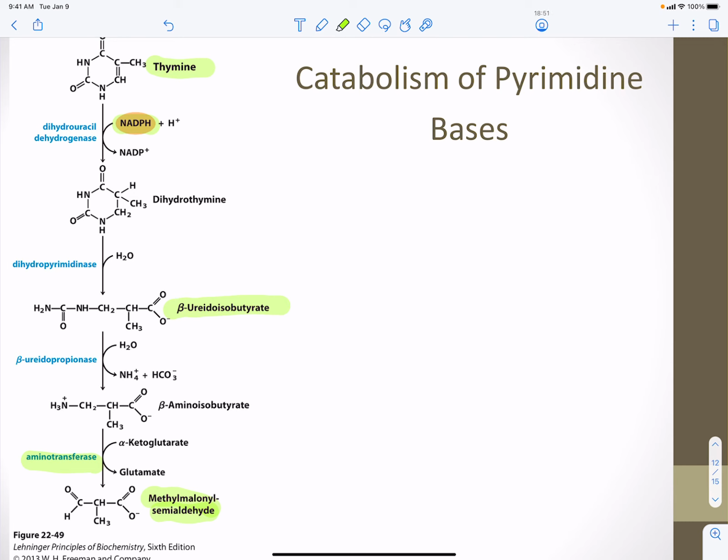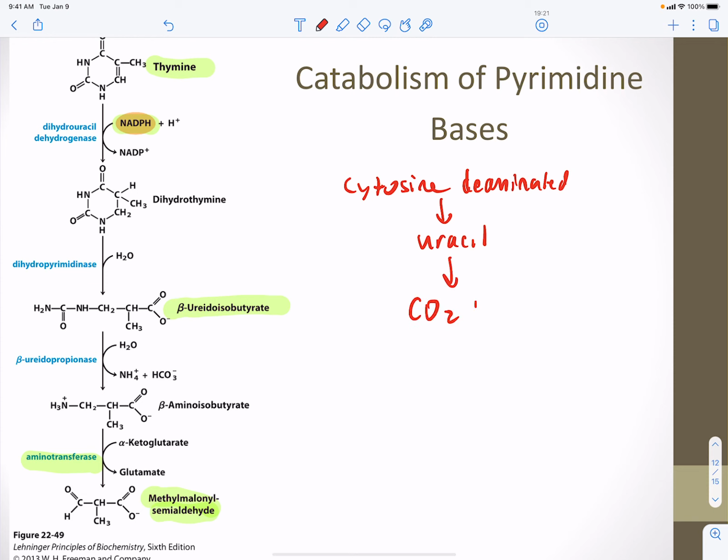Of course, PLP is going to be involved, and you have that alpha-ketoglutarate that picks up that nitrogen. So cytosine is going to be deaminated to form uracil. Sorry, it's an A. Then your uracil is going to be converted to carbon dioxide plus your ammonium ion and your beta-alanine.